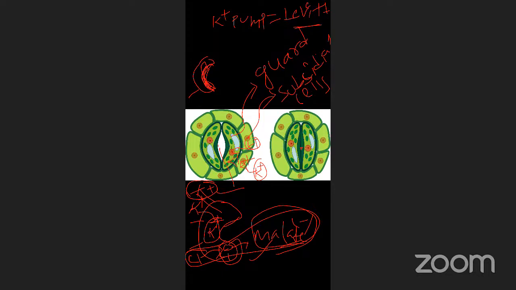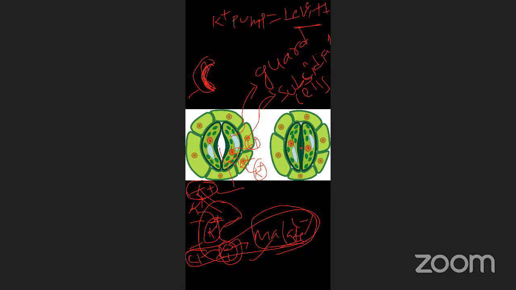Tell me the movement of water based on water potential. High water potential to low, or low water potential to high? High to low, sir. Write down on paper: water movement is from high water potential to low, right?